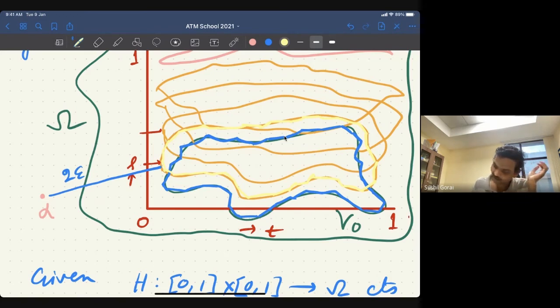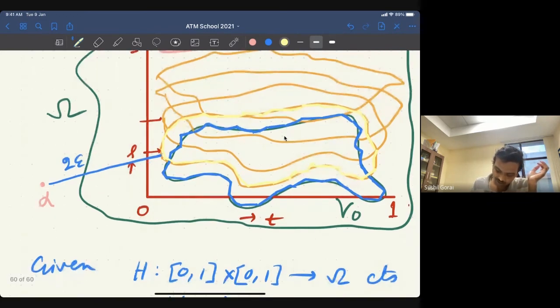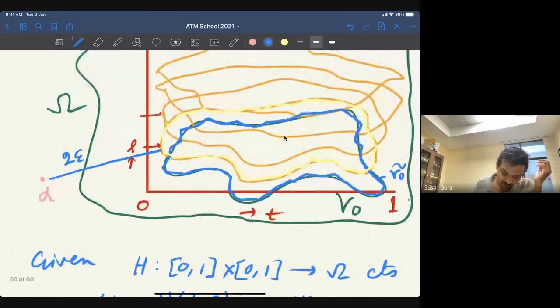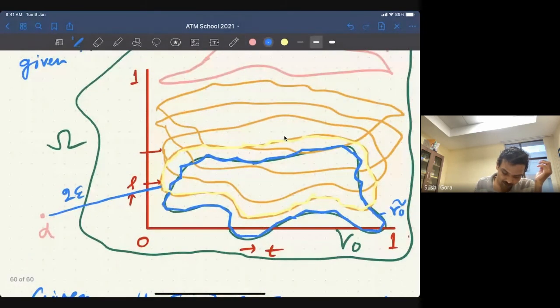Now the point is here, so this one, say gamma naught, this blue curve, and let's say this is gamma naught tilde. Each of these intervals you divide into partitions, so partition it n times.